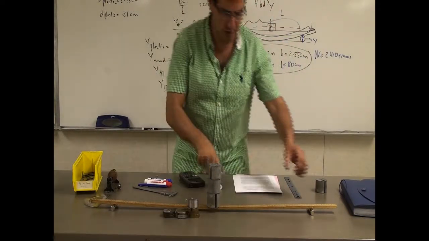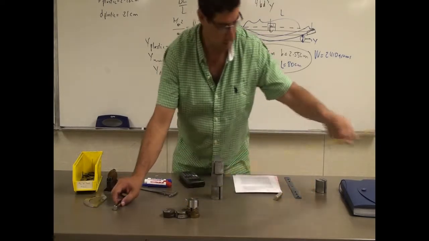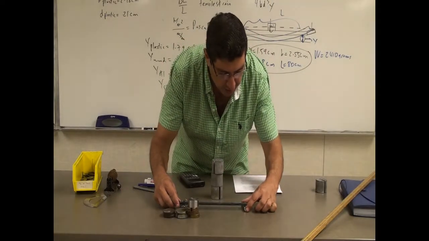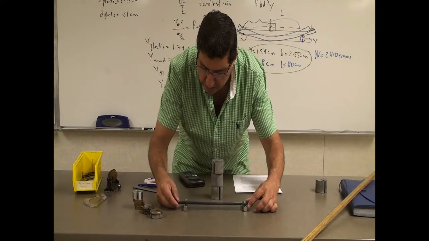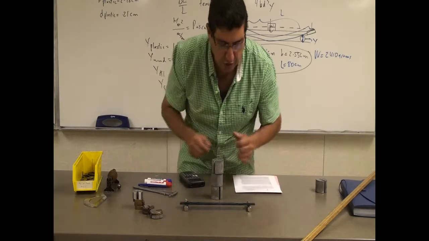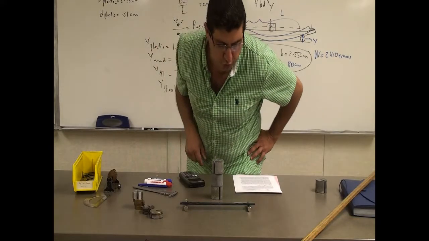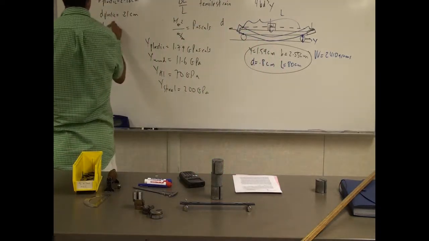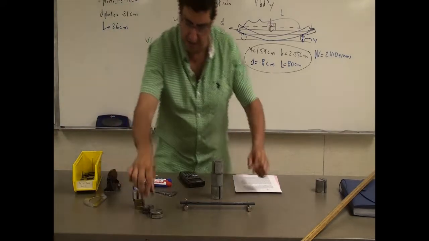Now let's do the plastic ruler while we're at it. I can put the cylinders around the 2 centimeter mark and the 28 centimeter mark. So the distance between them is going to be 26 centimeters. So the L is 26 centimeters. Then put some weights there.